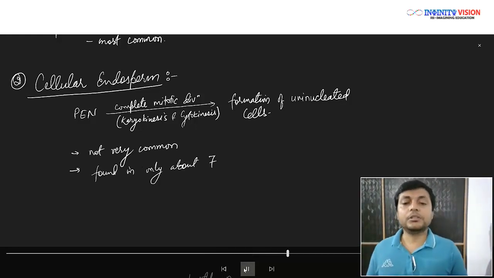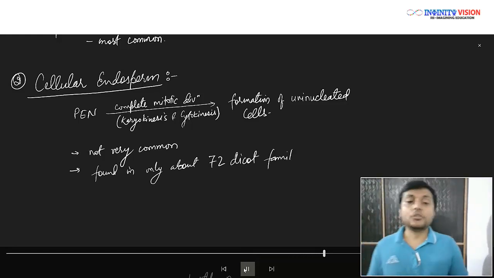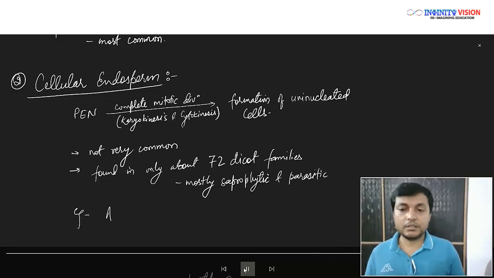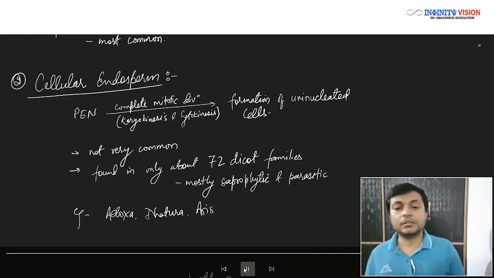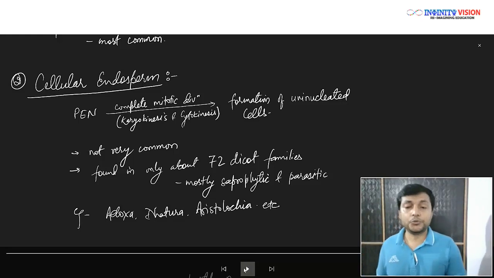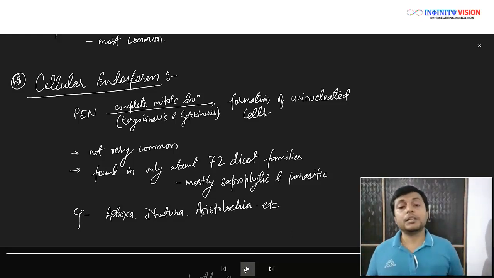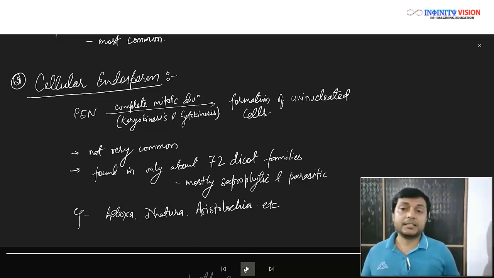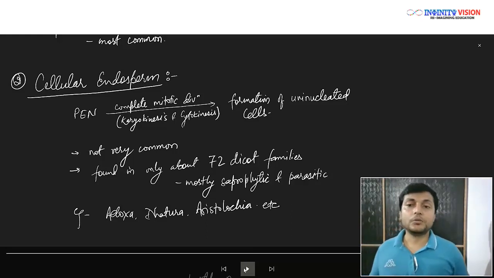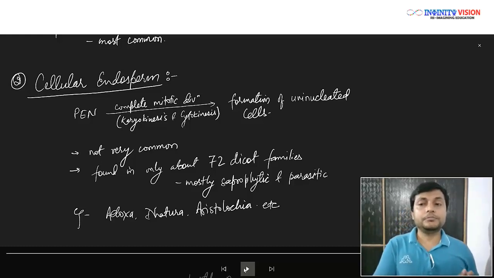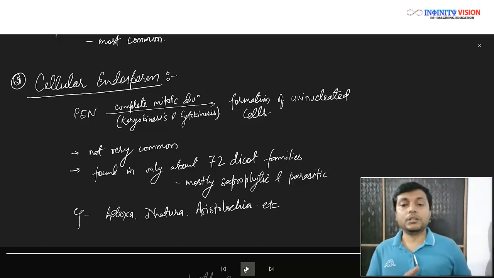It is found in only about 72 dicot families, such as Annona, Adoxa, Datura, and Aristolochia. Most of the plants which show cellular endosperm are saprophytic and parasitic in nature. So the most common one is nuclear endosperm, and then cellular endosperm.